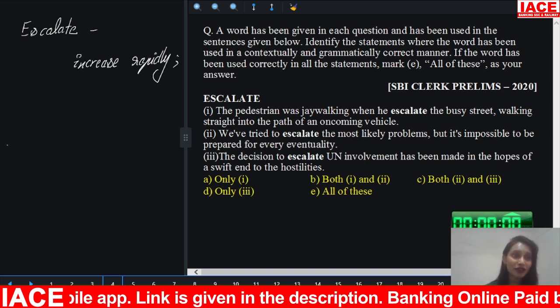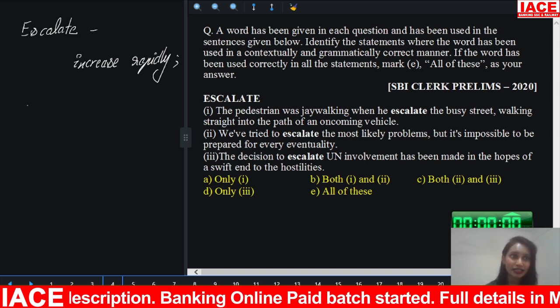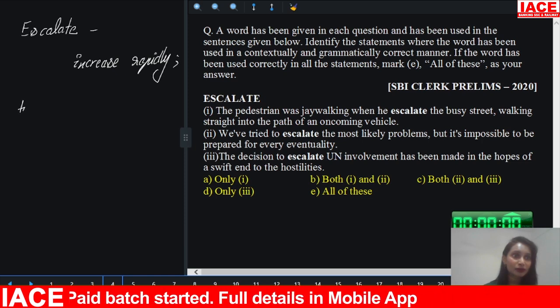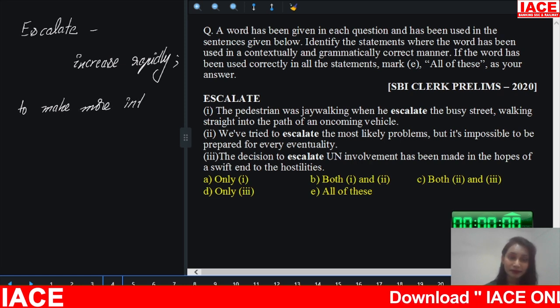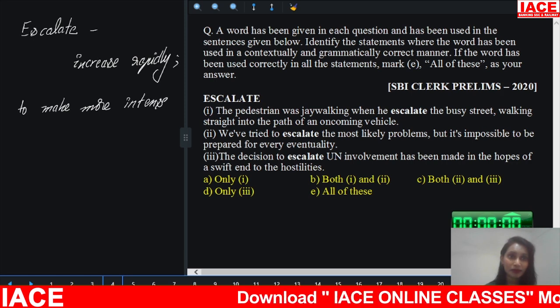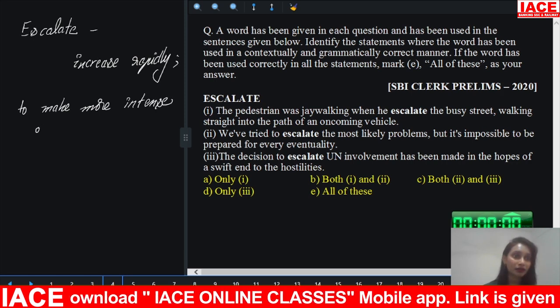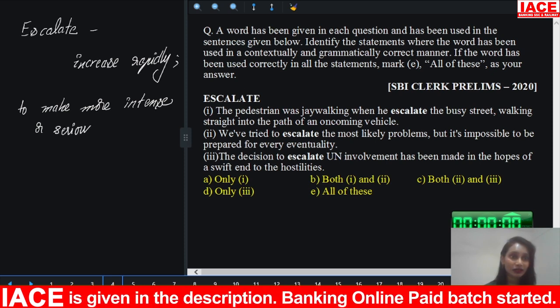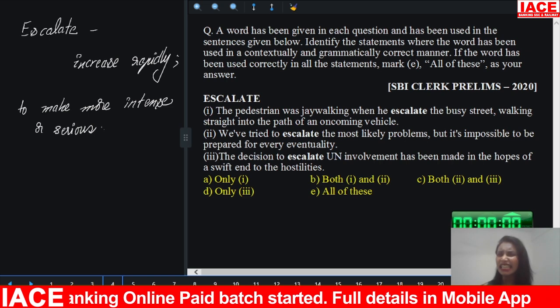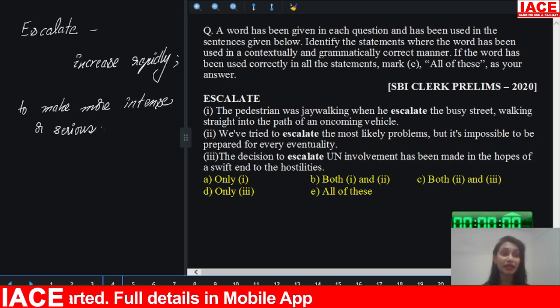And one more meaning of escalate is to make more intense or serious. To make something more intense or serious, that is the other meaning of escalate.